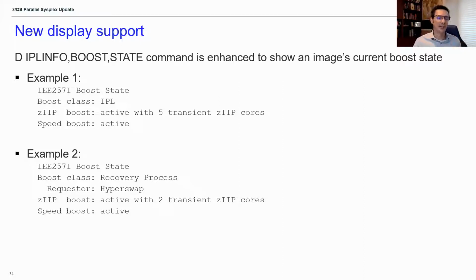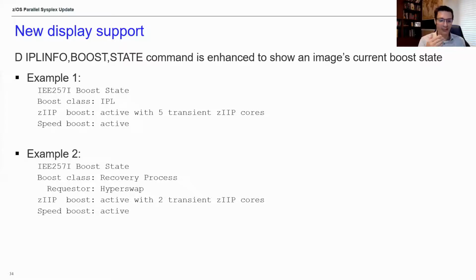And so if you do a new D IPL,INFO,BOOST state command, it will now show both IPL boosts and which boosts are activated. And in the case of a recovery process boost, even the requester or requesters that are actually making the boost.